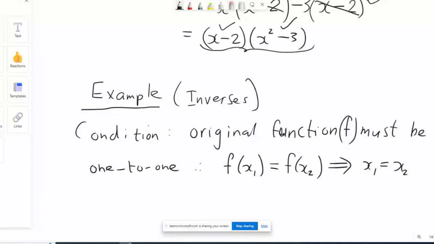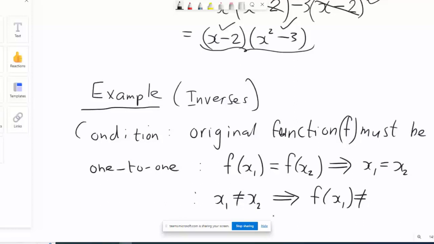Here's the same statement. If two ordinates x1 and x2 are not the same, then f of x1 is not equal to f of x2.